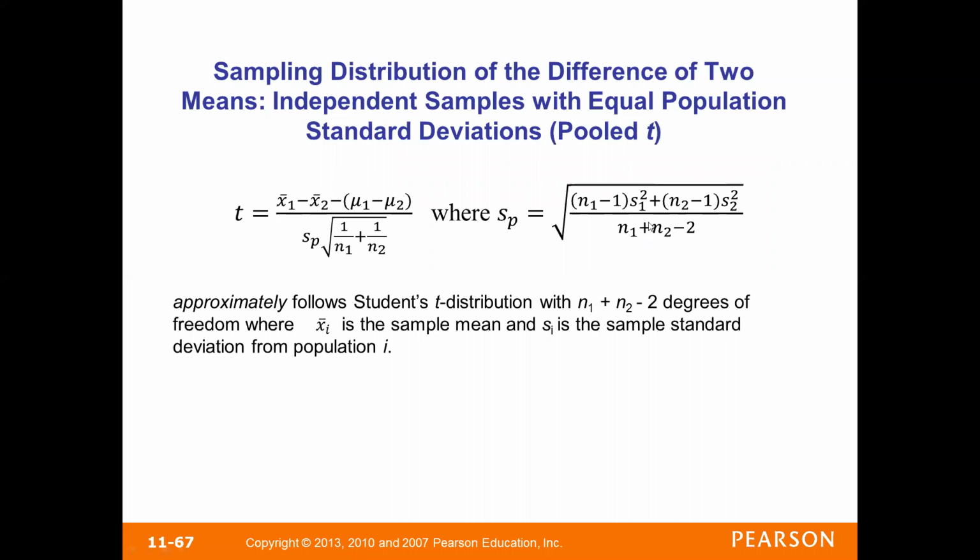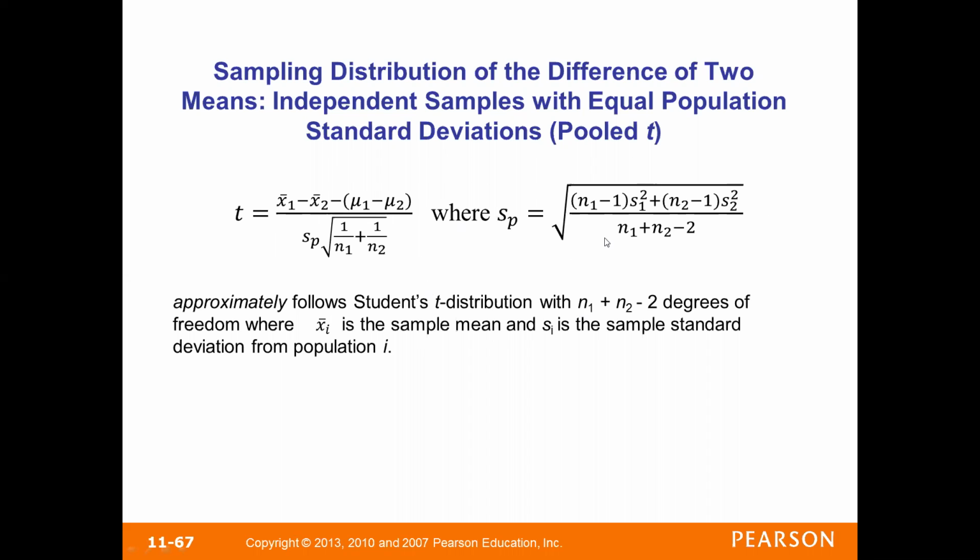Well, if they're the same population, both S1 and S2 are estimates of the standard deviation of the combined population. So this is just taking a weighted average of that information to come up with an overall estimate of the standard deviation of the population. And now this follows a student's t-distribution with n1 plus n2 minus 2 degrees of freedom.